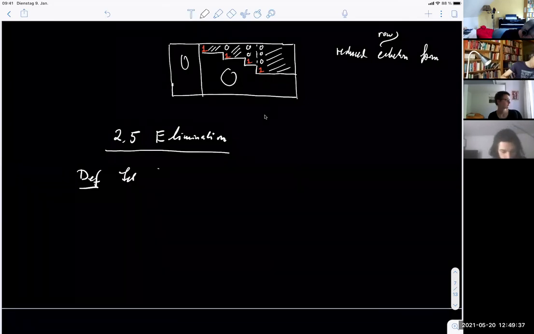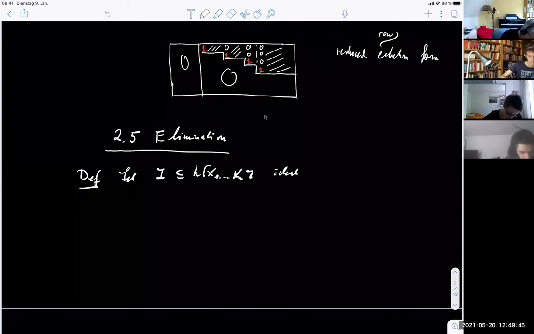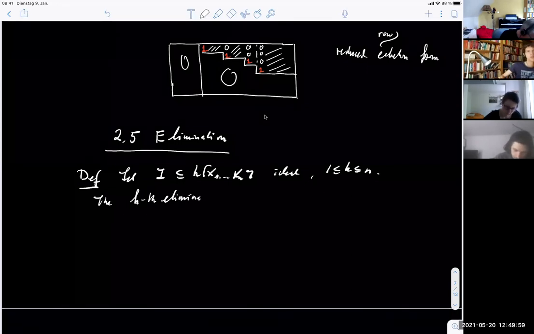So I have an ideal I in my polynomial ring. Then I pick some natural number k between 1 and n. And then I define what is the kth elimination ideal, I_k.